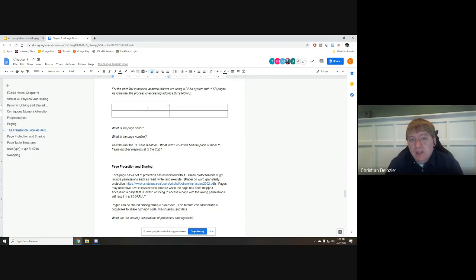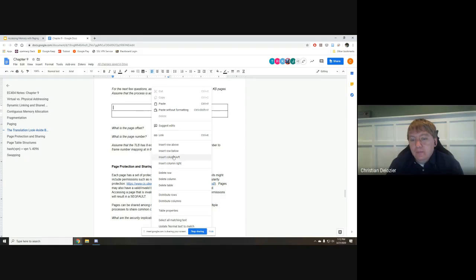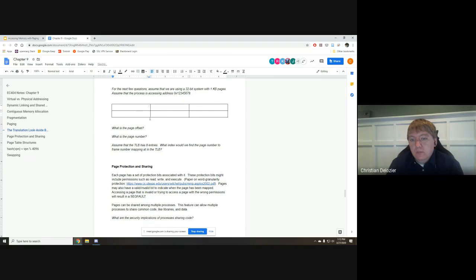And so we would use the last 3 bits of the page number basically as our TLB index.